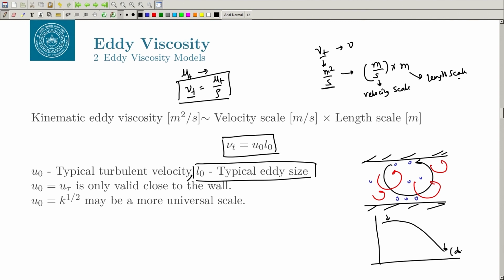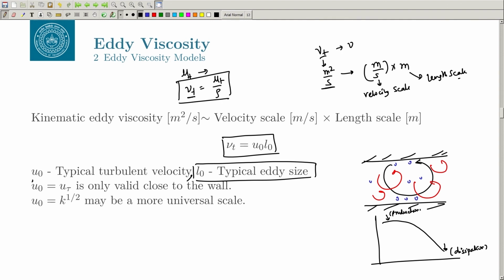So, this is for the dissipation, and here it takes the energy from the mean flow, and we call it production. In between there is a cascade of eddies, the largest eddy will transport to the next size and next size and so on. So, it is not easy to find one typical eddy size. You have so many eddies present in your flow, so which eddy size should you take? That is one problem.